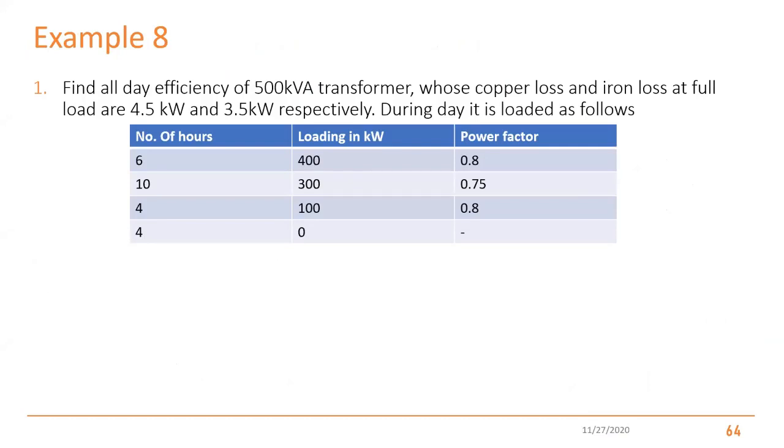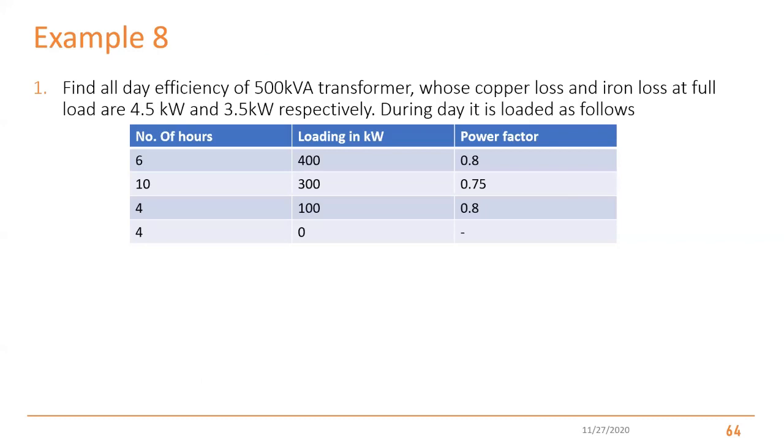Okay, so this is one example. You have to find the all day efficiency of a 500 kVA transformer whose copper loss and iron loss at full load are 4.5 kilowatt and 3.5 kilowatt respectively. During the day, it is loaded as follows. If you consider a single day, the loading changes like this.